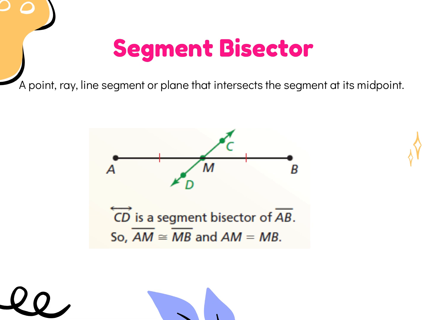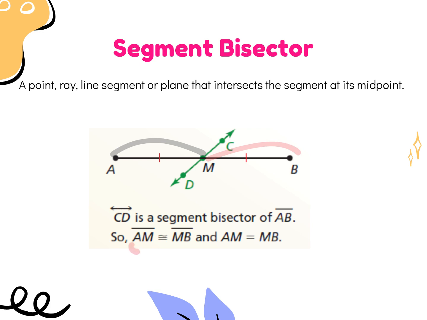So on the quiz, I'm going to ask you to name the segment bisector. So in this particular picture, we can see that line CD is a segment bisector of segment AB. So that now tells me that since it was bisected and split in half at its midpoint, segment AM is going to be congruent to segment MB.